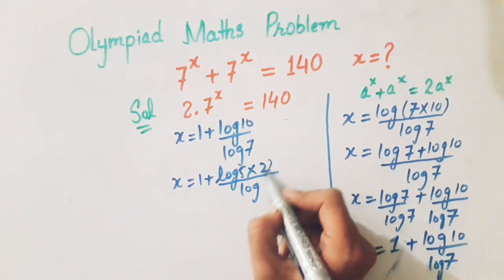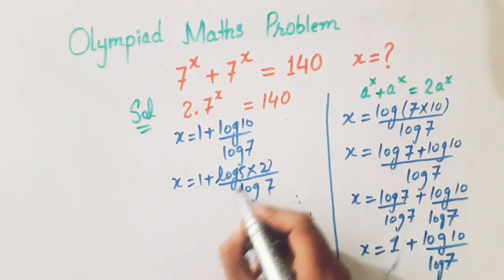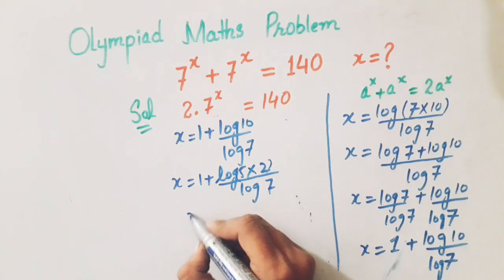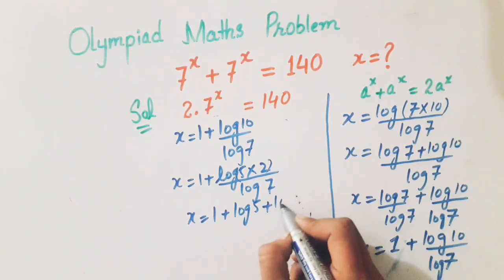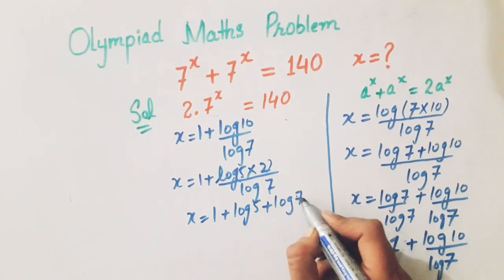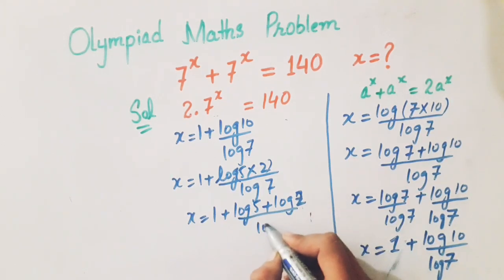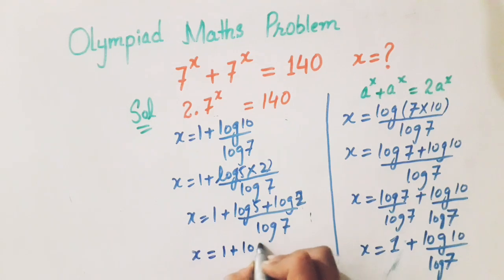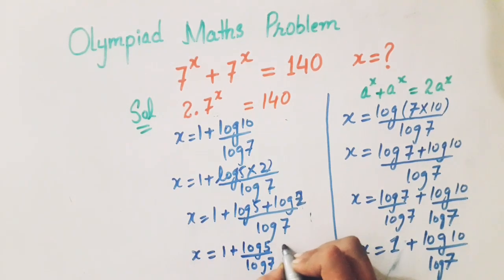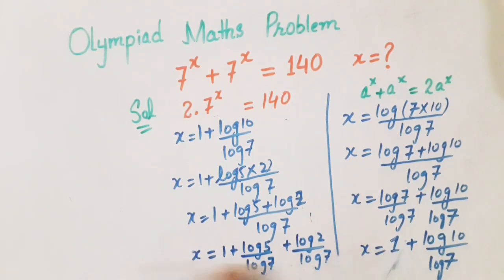Again here we apply the product rule. According to log, it will be added. So we get x equals 1 plus log of 5 plus log of 2 divided by log of 7. So in the next step, log 7 will be divided. So x equals 1 plus log of 5 by log of 7 plus log of 2 by log of 7.